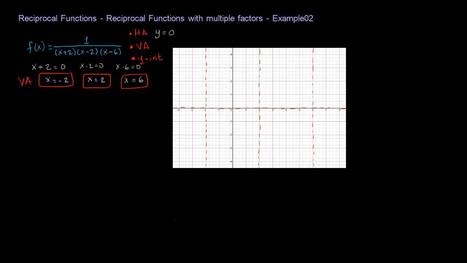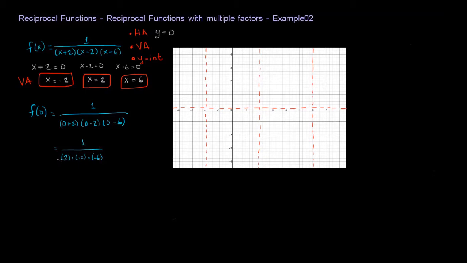Now I'm going to move to the last step, the y-intercept. In order to find the y-intercept, we just have to evaluate our f of x at the value 0. F of 0: I'm going to substitute the x with 0 in each of the factors. 0 plus 2 times 0 minus 2 times 0 minus 6, all over 1, and we get that this is the same as 2 times negative 2 times negative 6.